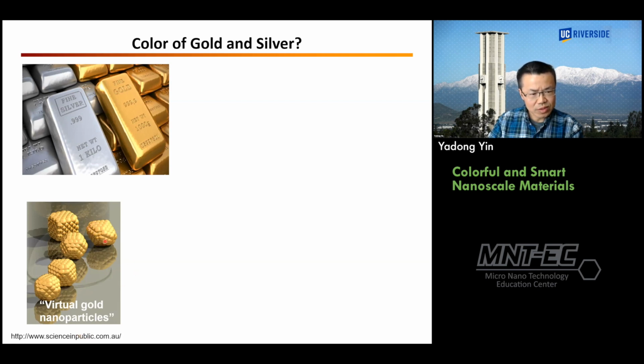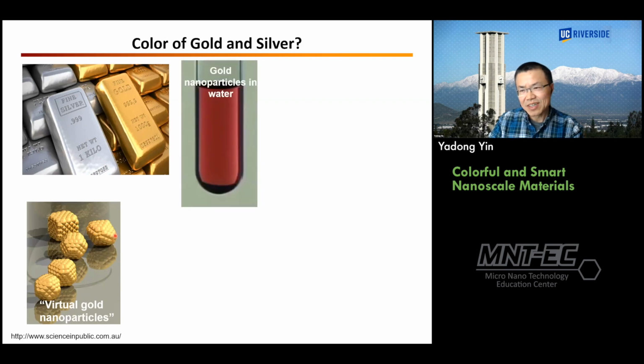They drew a cartoon for the gold particles. That's how they imagined it, still golden color. But the reality is, when you make gold into nanoparticles in water, for example, they are ruby red, a very beautiful ruby red color. And if you make silver into nanoparticles, they are not silvery color, they are brightly yellow.